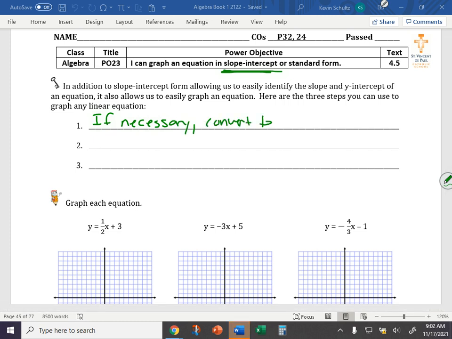If your equation is already in slope-intercept form, you don't have to convert it. If it's in standard form, then convert to slope-intercept form first. So this step you only do if your equation is not given to you in slope-intercept form. It says if necessary, convert to slope-intercept form, which, as we know, is y equals mx plus b.